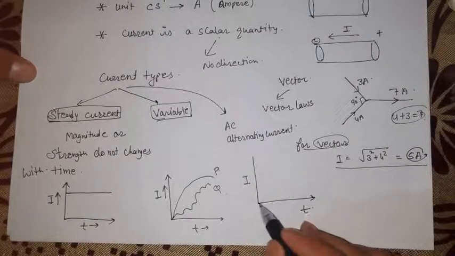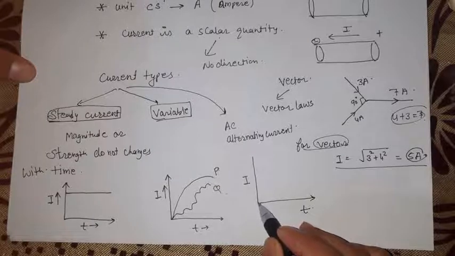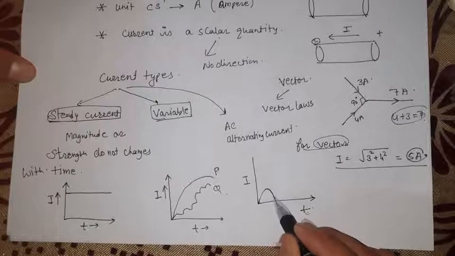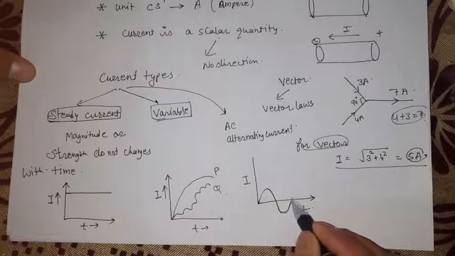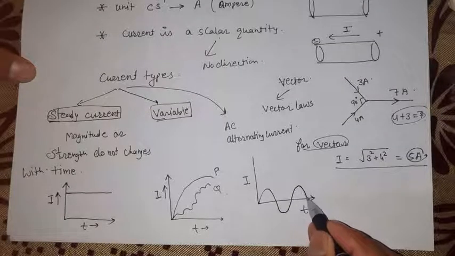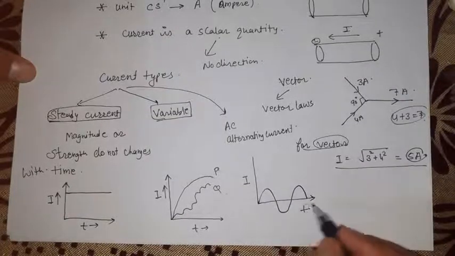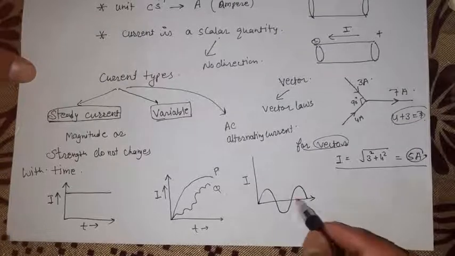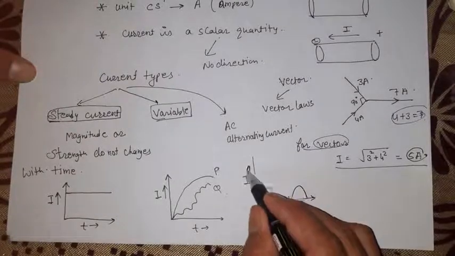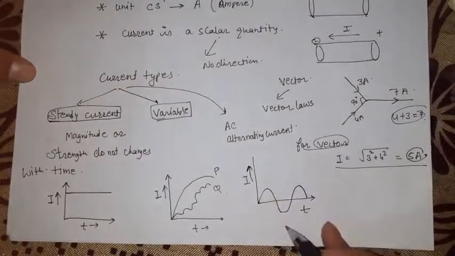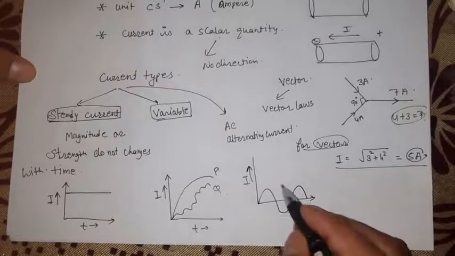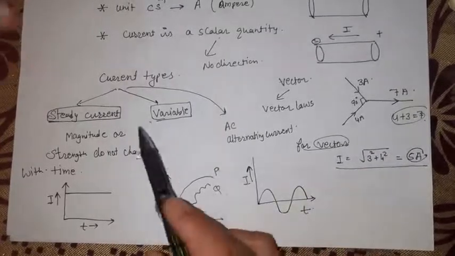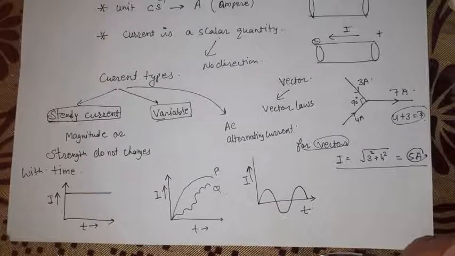In this way we can show its variation. After a regular interval of time, it repeats itself. So this current is said to be alternating current. Thus, these are the types of current.